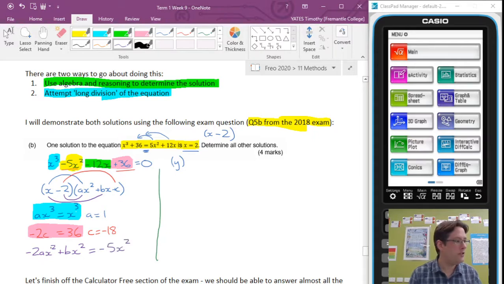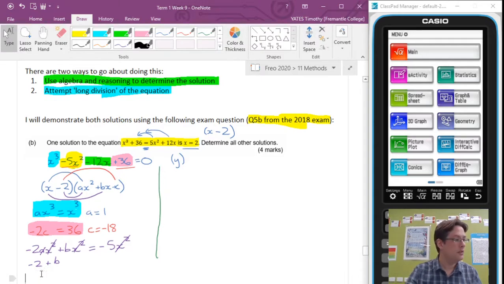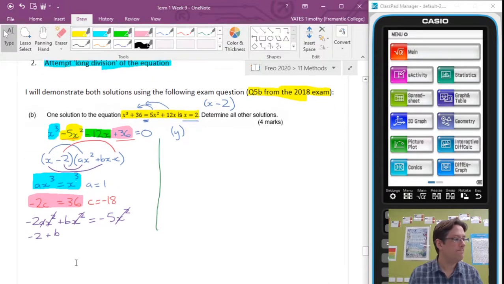Now we've got x squared terms in all of these, so we can cancel all of those out. So negative 2a, and we know what a is as well. A is 1, so 1 times that doesn't change it. So we've got negative 2 plus b. In fact, let me just give us a bit more vertical space here. There we are.